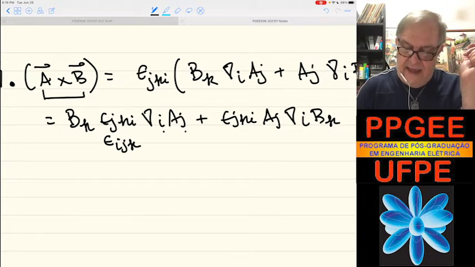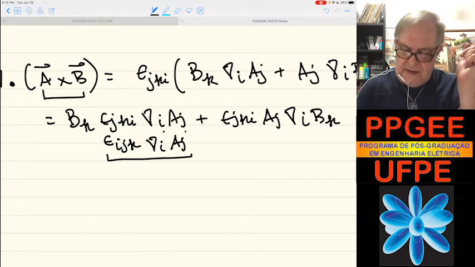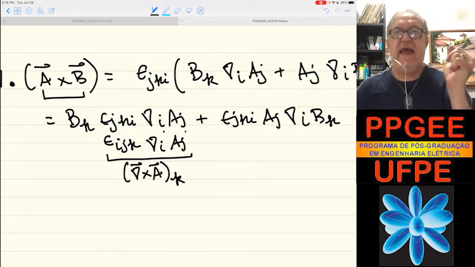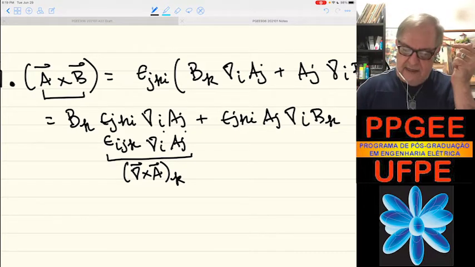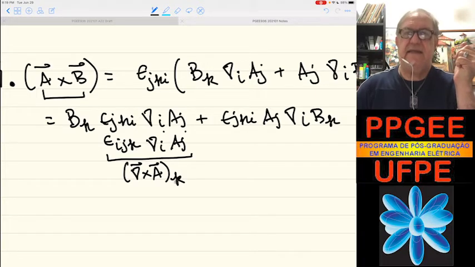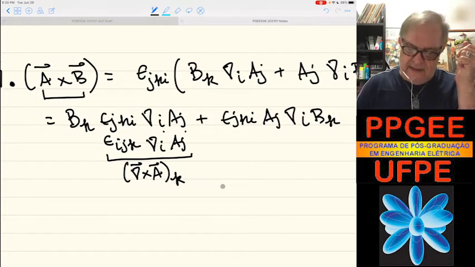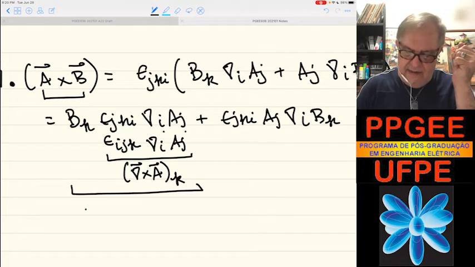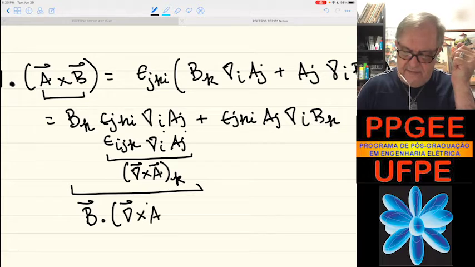So you see that epsilon_ijk nabla_i a_j equals the curl of A at the kth position. Epsilon_ijk gives the kth element. So this is going to be exactly B dot curl of A.